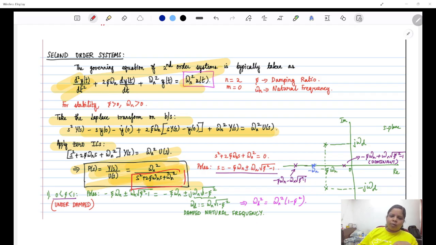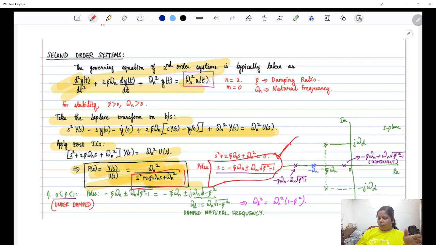So what are the poles of the system? How do you determine them? You equate the characteristic equation to 0 and you get the poles. Based on the poles you have got, you classify the damping of the system. Zeta can vary in various ranges.